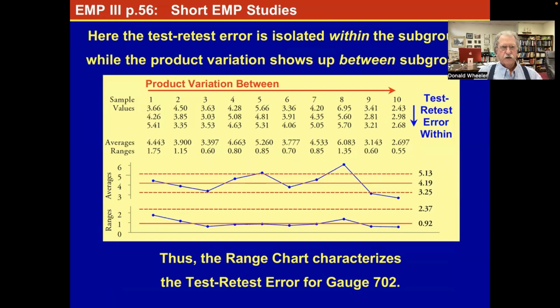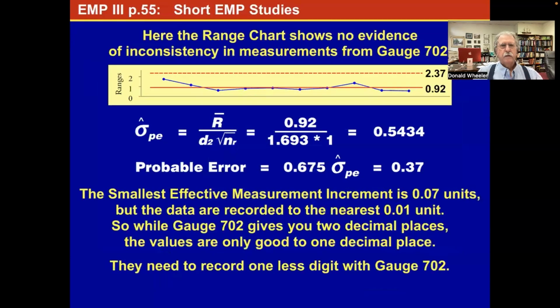The product variation shows up between the subgroups. So the range chart will characterize our retest error for gauge 702. Here, the range chart shows no evidence of inconsistency in the measurements from gauge 702.